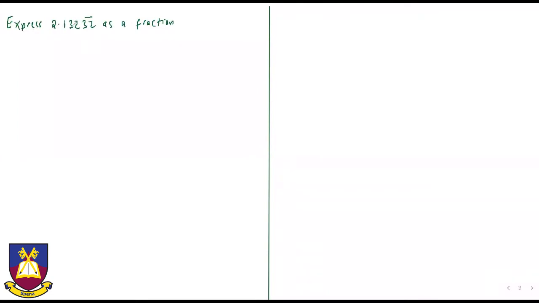Express 2.13232 as a fraction. We can see this is also recurring. The bar is on 3 and 2, meaning 3 and 2 are the ones repeating. So we start by letting y be our recurring decimal.